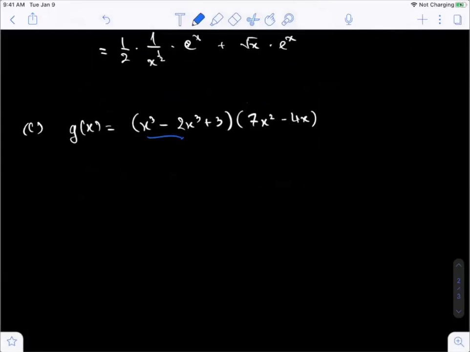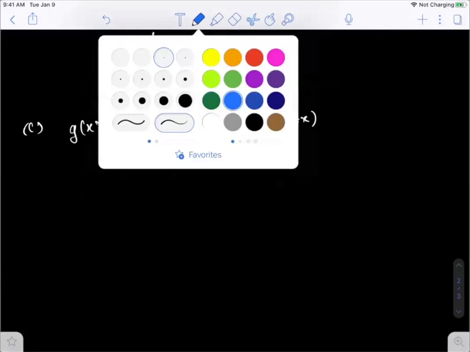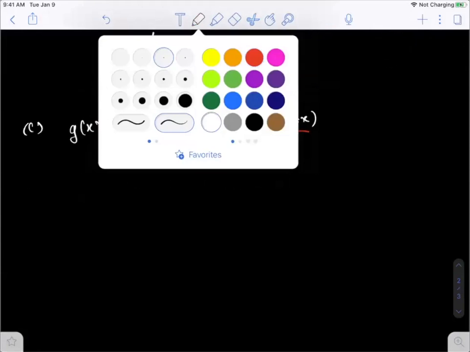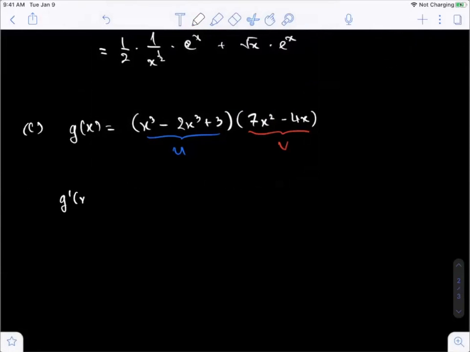So the first function here is u, and the second function, 7x squared minus 4x, is v. And you want to find the derivative of this function. And you get, right, the derivative of the first function. Sorry, this is 2x squared. This is 2x squared. Sorry.